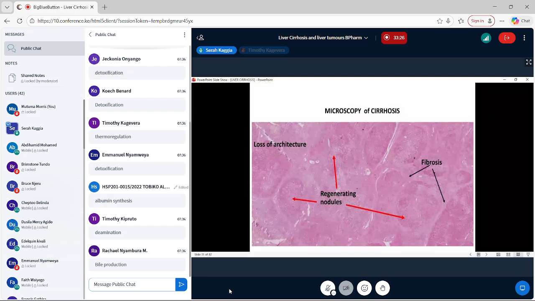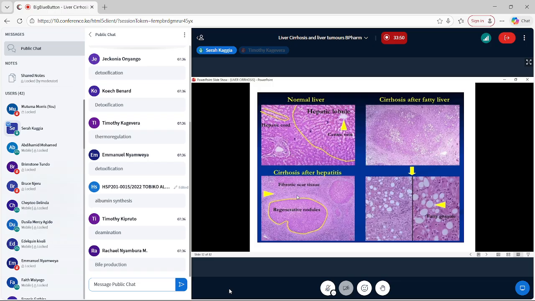It will not be able to help with the metabolism and synthesis of your steroid hormones, etc. So that's why you have abnormal liver function in liver cirrhosis. It's a chronic thing. Unless you do a liver transplant, how will you manage such a case?